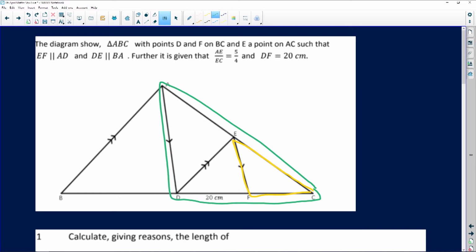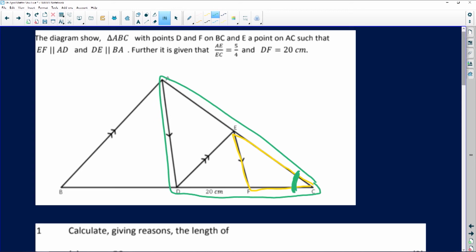So what you're simply going to do is acknowledge the fact that they're sharing a common angle. When they share a common angle, you apply the area rule to find the solution. So I'm going to say the first one is the one on top: the area of the top triangle, the yellow one, area of triangle ECF divided by area of triangle ADC, will be half.